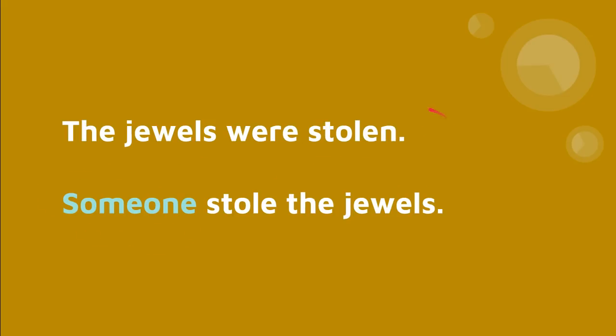Someone takes the place of this non-existent actor in this first sentence. I could have said the thief stole the jewels, or a thief stole the jewels, or a mysterious person stole the jewels, but we don't know. So I just chose someone, but you can get more creative if you want. We don't know by whom, but they still stole the jewels.